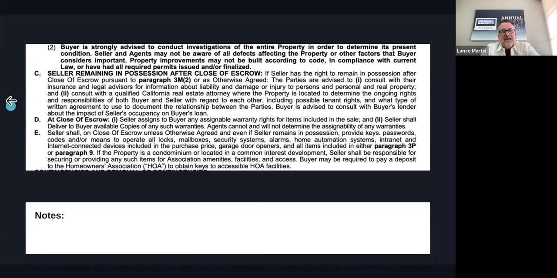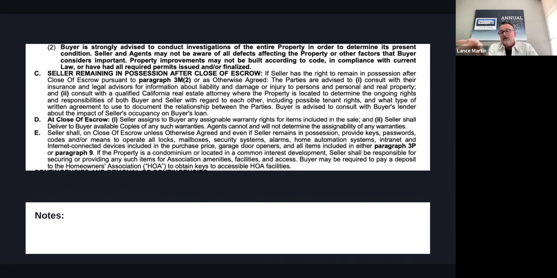Okay, seller remaining in possession after close of escrow. So we're talking about our seller in possession form, SIP, or the RLAS, residential lease after sale. That refers back to paragraph 3M2. It in effect talks about what happens if we are dealing with a property where the sellers remain in possession. What does that mean?